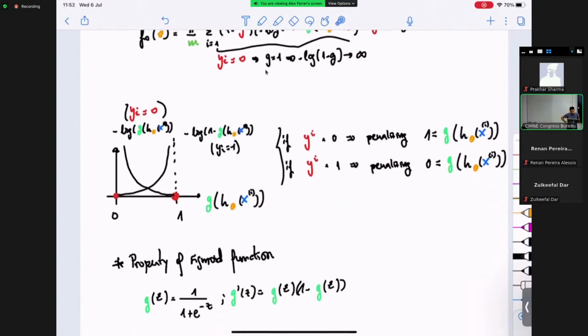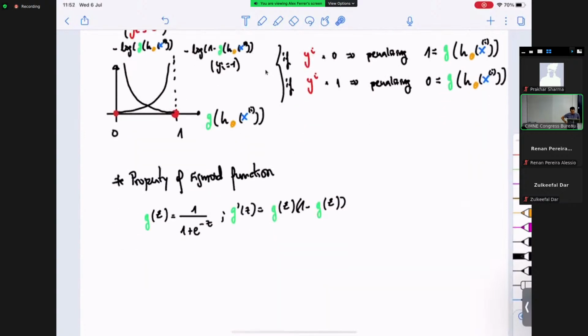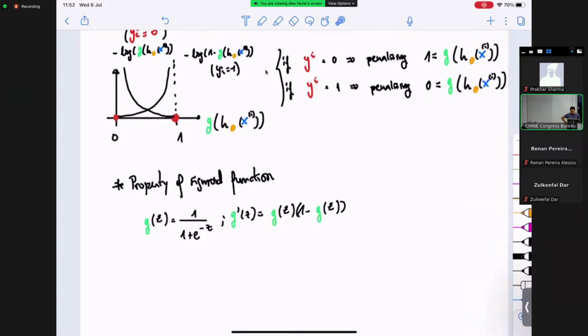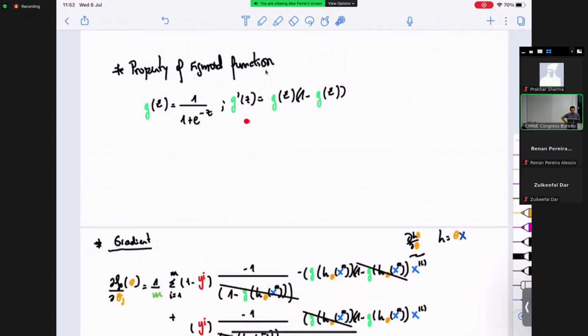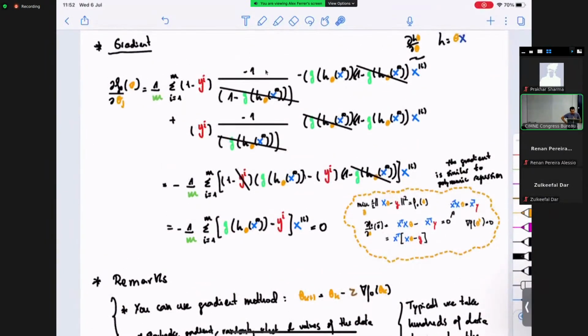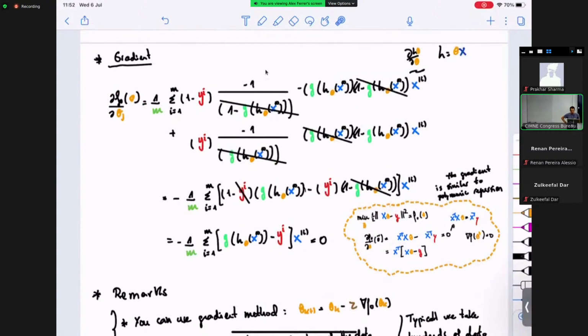Okay. So this function here, we had some properties, and we exploit these properties, and we will see today how we exploit them also. The property was that the derivative is the function times 1 minus the function. Okay. So we compute the gradient, and we have seen that the gradient has some advantages with taking this function.